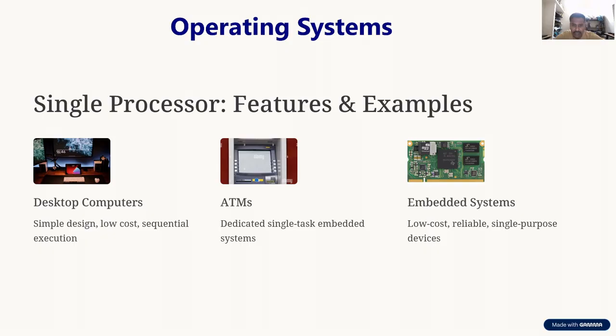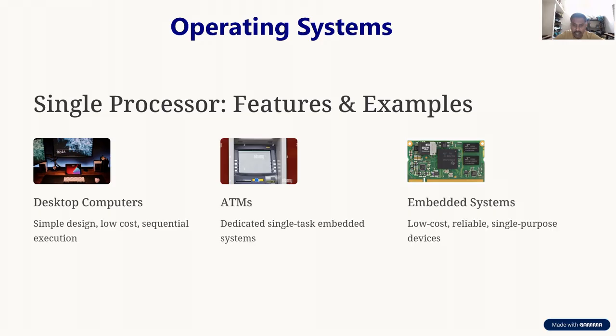Multiprocessor system. A multiprocessor system has two or more CPUs working together. It can execute multiple tasks simultaneously using parallel processing. There are two types of multiprocessing systems: symmetric multiprocessing and asymmetric multiprocessing.